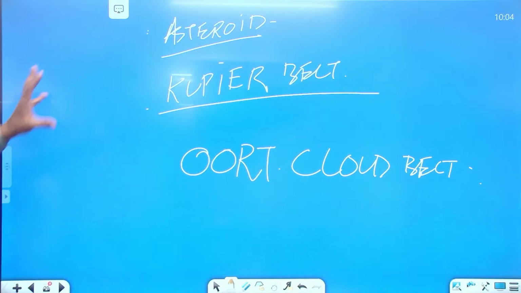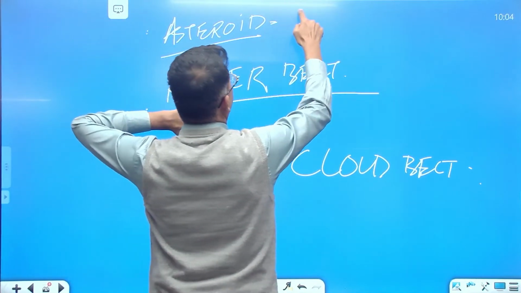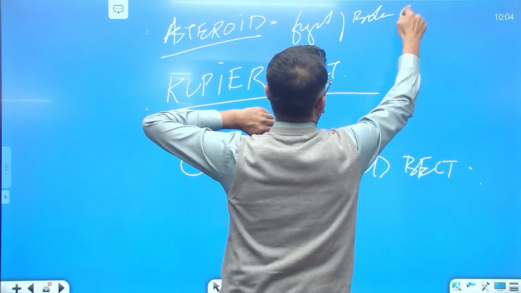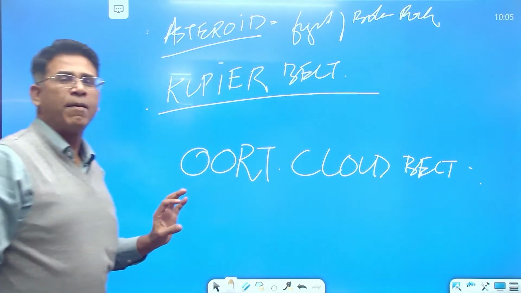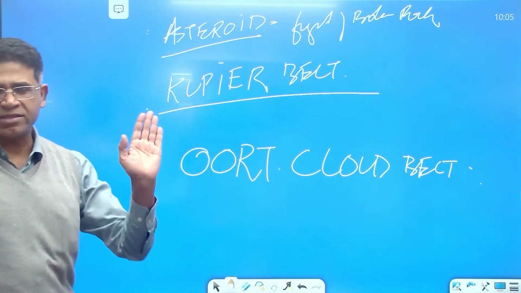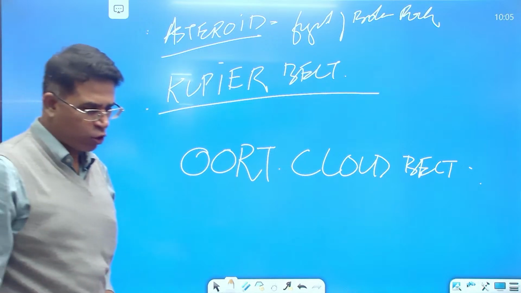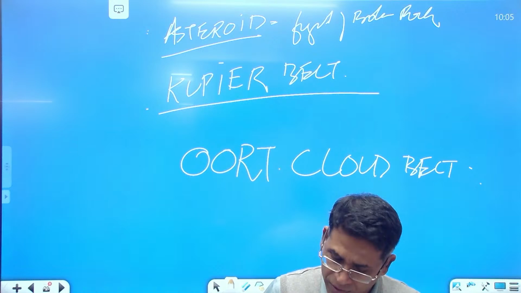They are something like the same thing. What is in them? There are fragments of broken rocks. The same thing for Kuiper and the Oort cloud, but they are in different places. The Kuiper belt lies beyond Neptune.